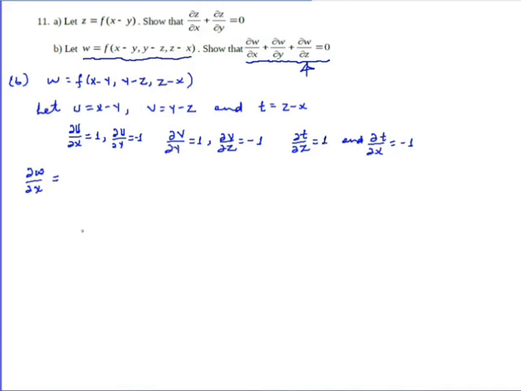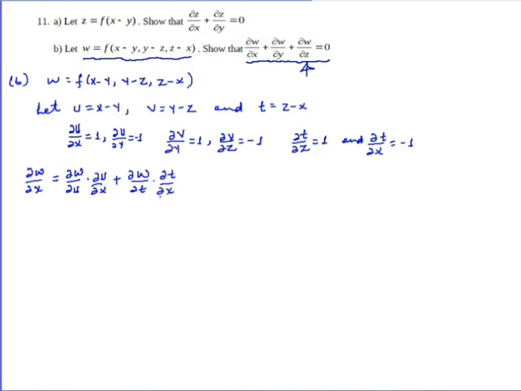So now, the partial derivative of w with respect to x, using the chain rule, is the partial derivative of w with respect to u times u with respect to x, plus the partial derivative of w with respect to t times t with respect to x.